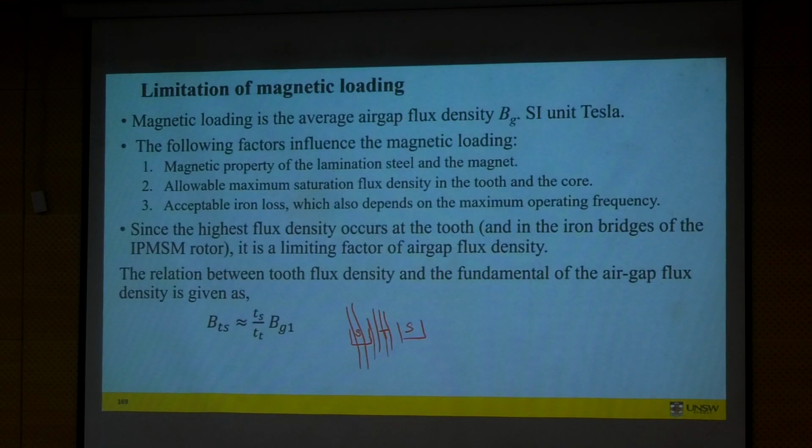Now, the material that you are using to make your stator core, remember our BH characteristic, right? It has a certain saturation limit, something like this. That was your saturation.